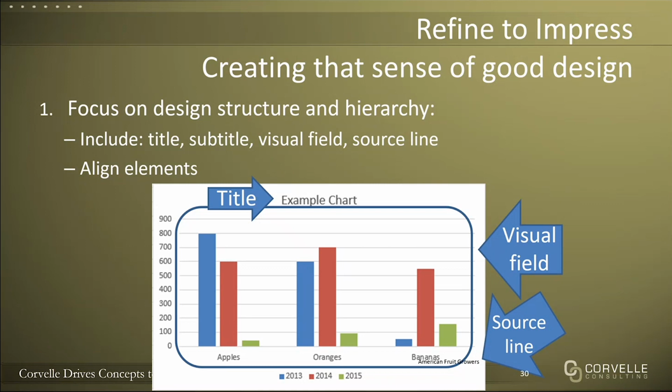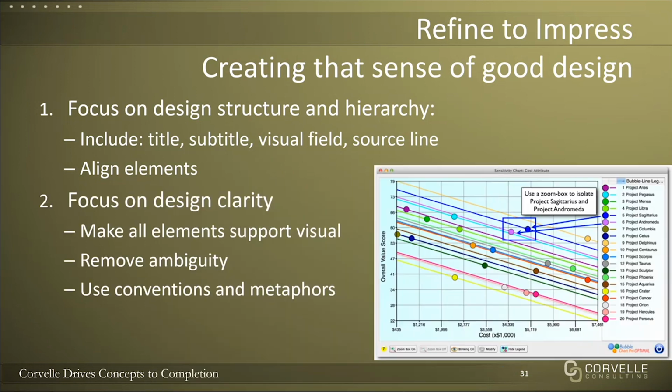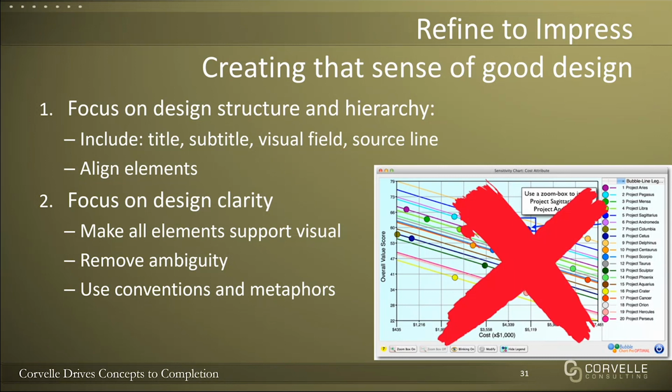So we want to avoid too many elements. We want to avoid too many types of fonts. Then we want to focus here on design clarity and make the elements support each other, remove ambiguity, use conventions and metaphors, and avoid clutter like you see in this chart here on the right.